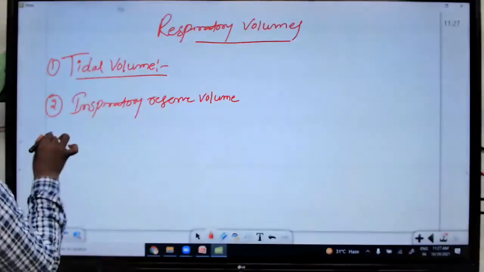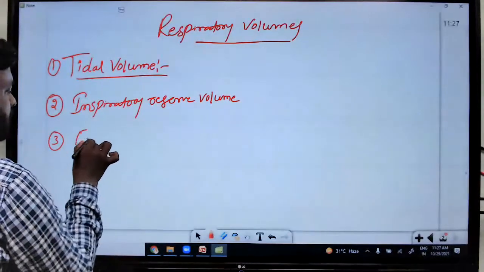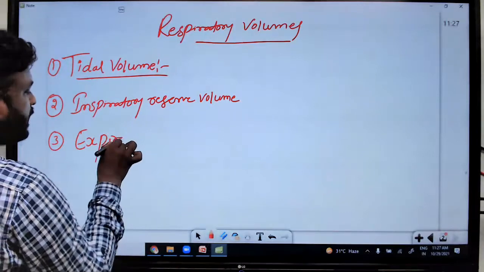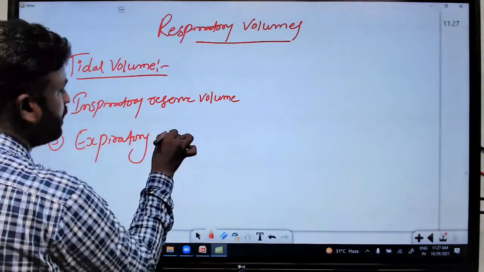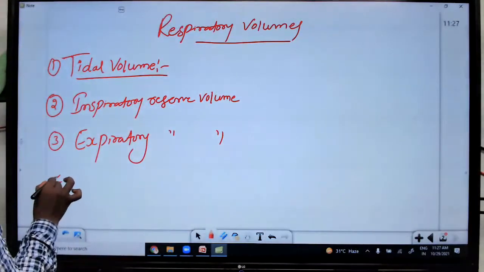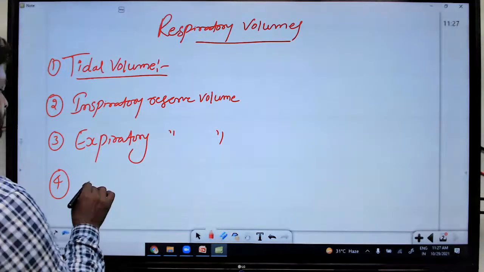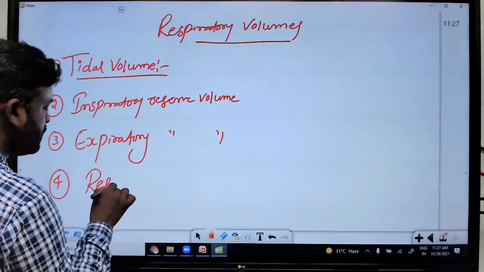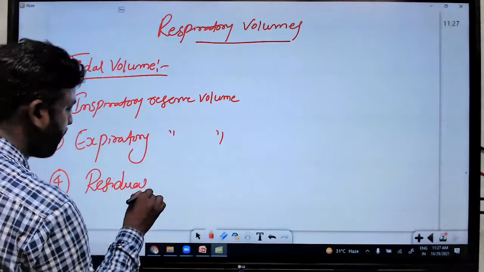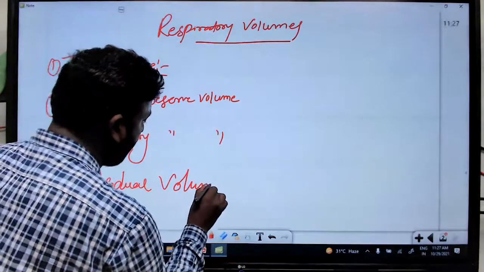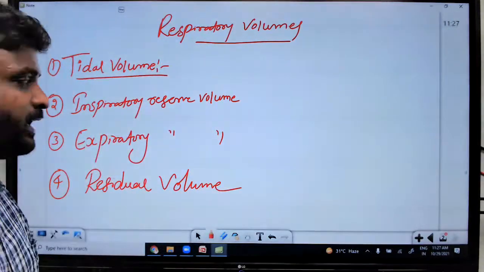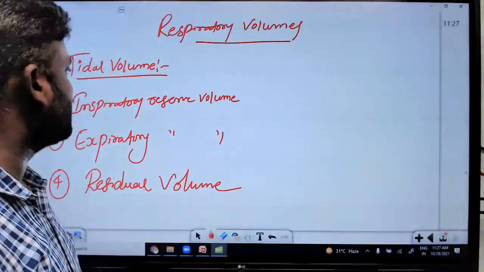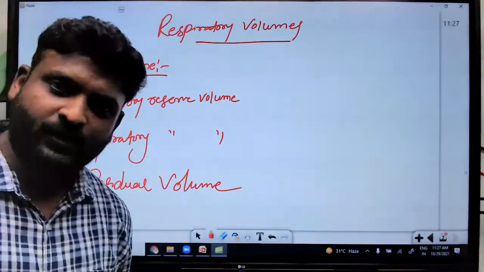And third one, expiratory reserve volume, and fourth one, residual volume. These are the different types of respiratory volumes.